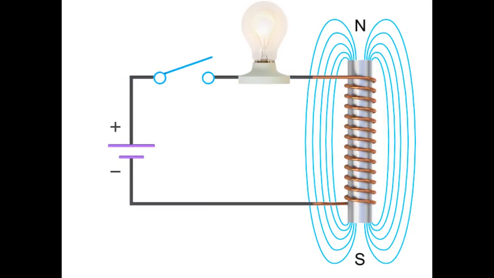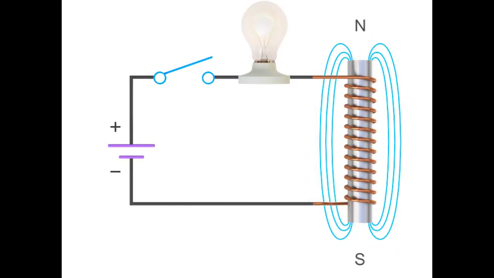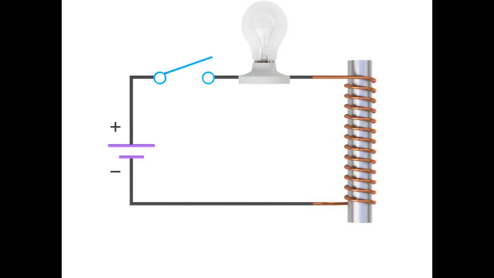If you open the switch and stop the flow of current from the source, the electromagnetic field will diminish rapidly and simultaneously release stored energy in the form of voltage. It will actually generate enough voltage to cause a spark across the switch as it opens. Whereas a capacitor uses voltage to store energy, the inductor uses current.